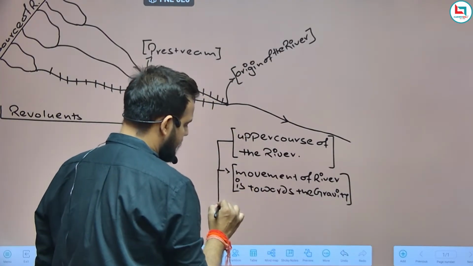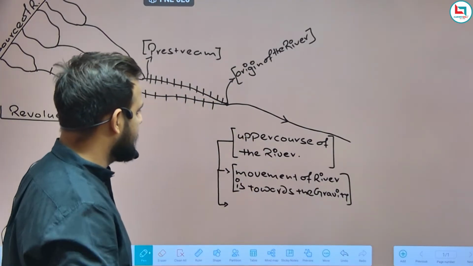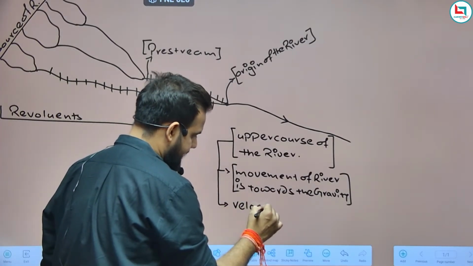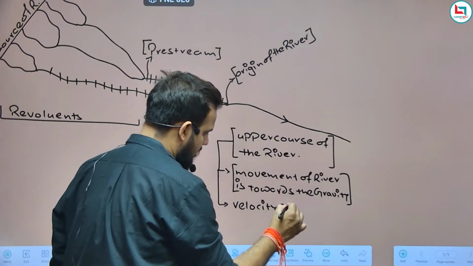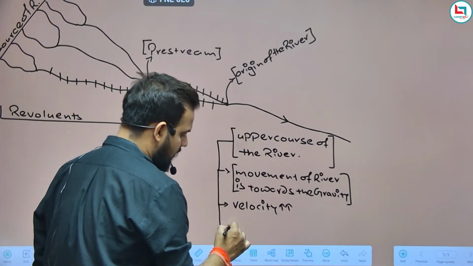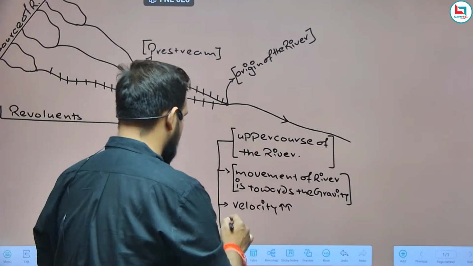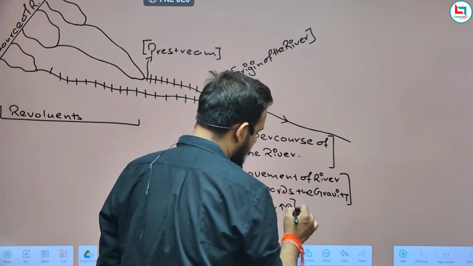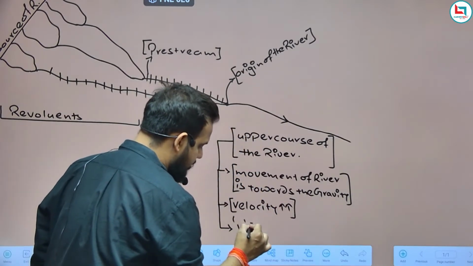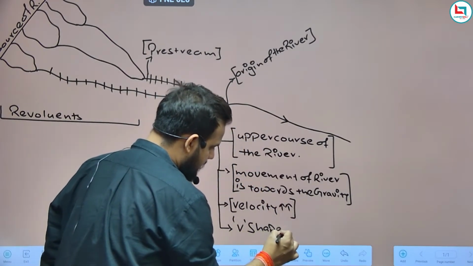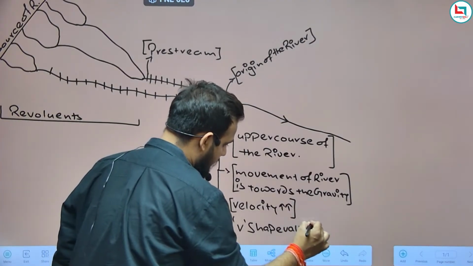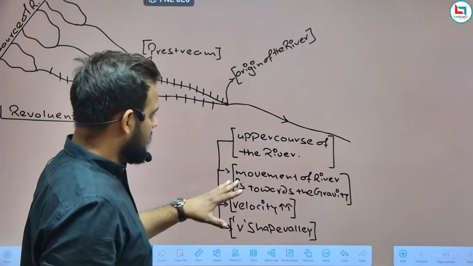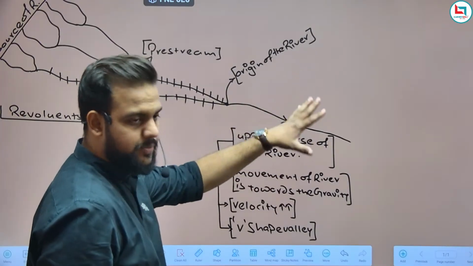After this, we had seen that the velocity was high. When velocity was high, we had also seen that we have the v-shape valley. So these are the things that we had talked about in the previous lecture.